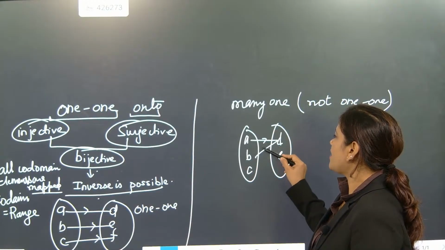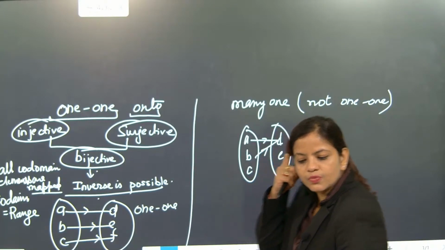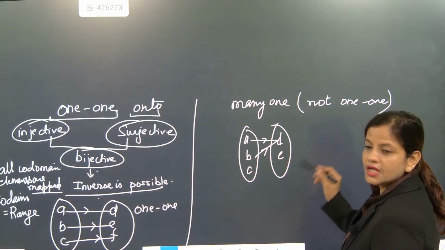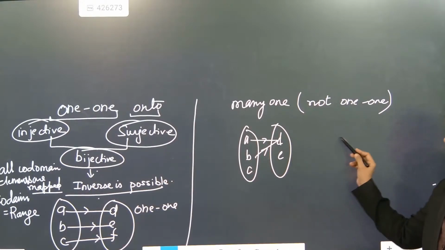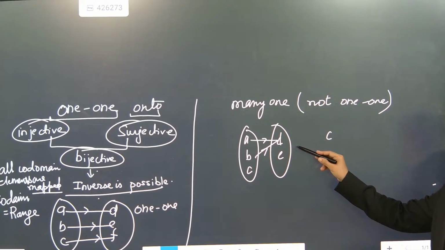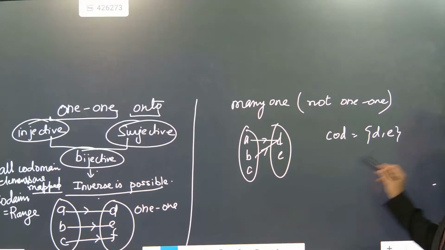Two inputs are having one output. Two inputs are having what? One output. So this is exactly called what? This is many-one. You see here, one very important thing. Codomain elements are what? Codomain elements are D and E. What is your range?